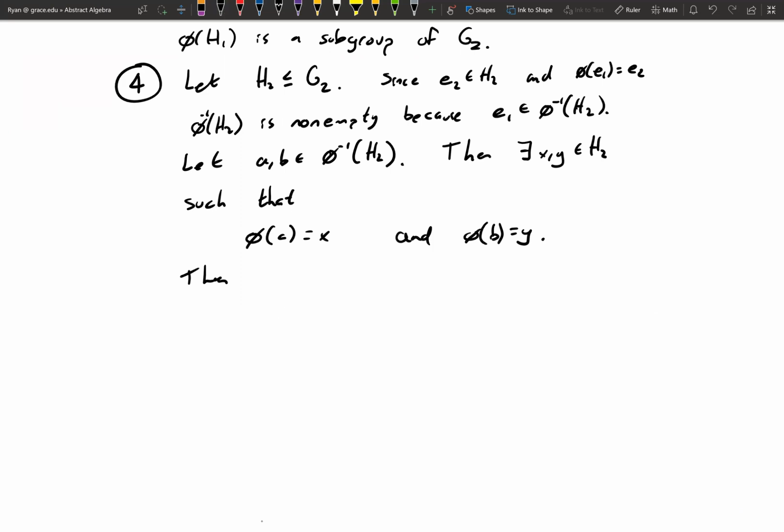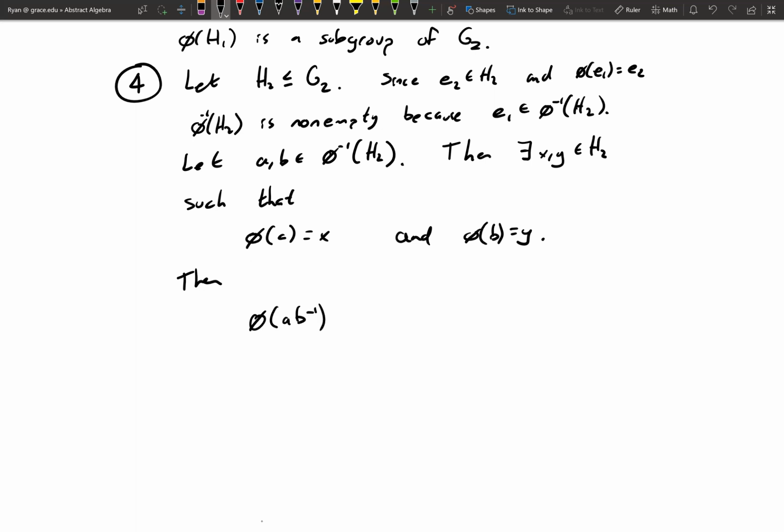Okay, well, I've already shown that H2 contains the identity. So I just need to show inverses and I need to show closed under multiplication. Let's see if we do it this way and see what happens.